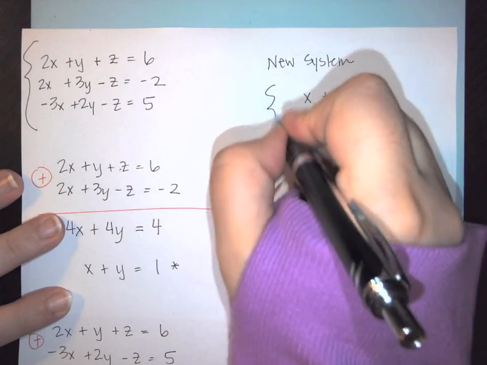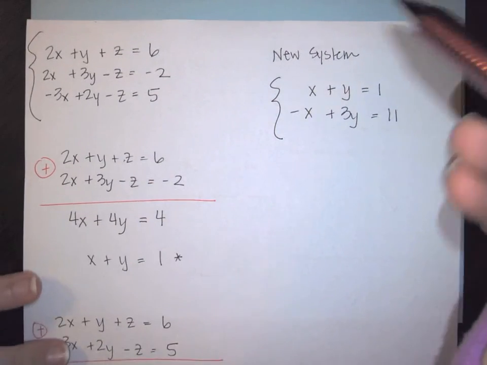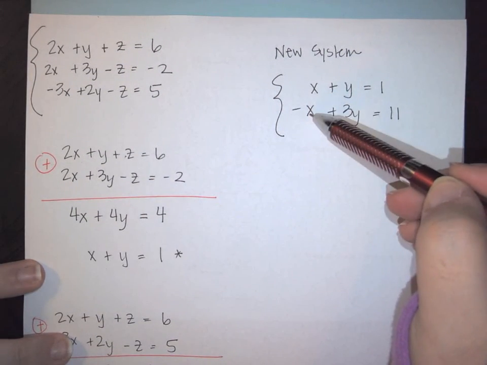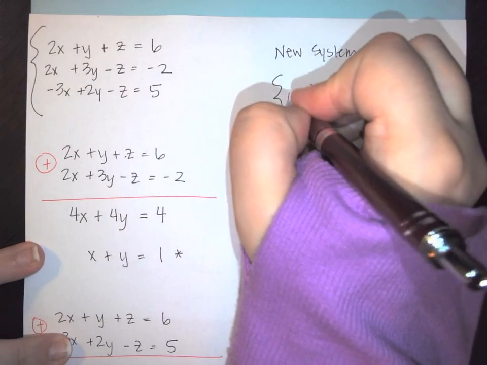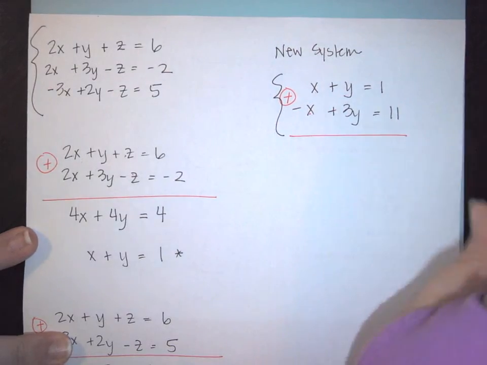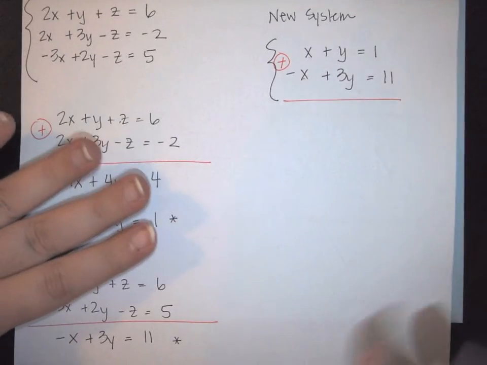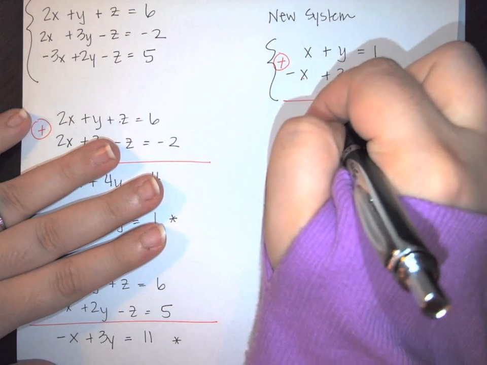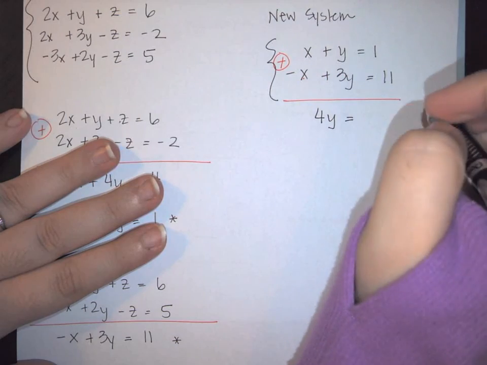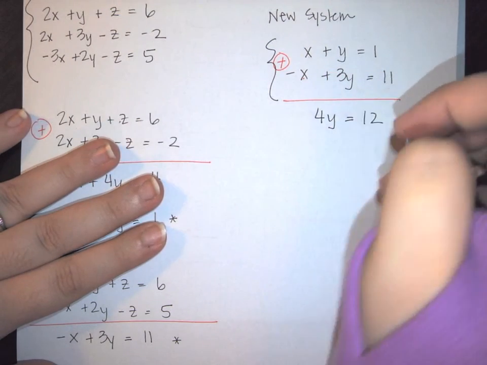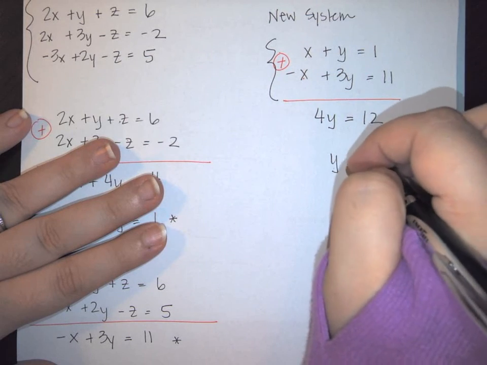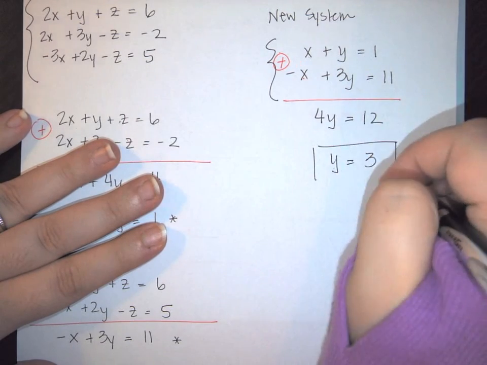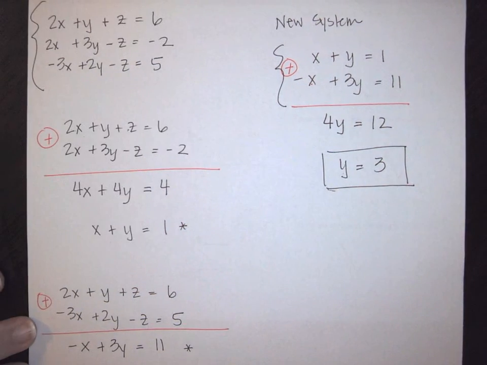If you look at this, notice if I just add my system together, the x's will cancel, so I'll go ahead and do that. So here we end up with 3 plus 1 gives you a 4y is equal to 11 plus 1 gives you 12. So y is equal to 3, and look at that. That is the same y result that we got in the first example.